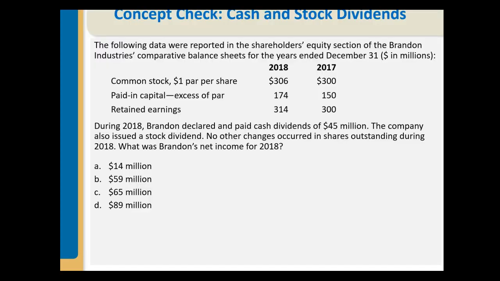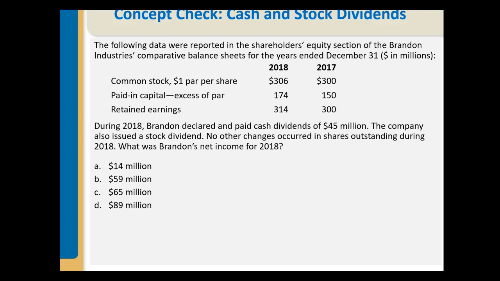So let's look at a concept question here. The following data were reported in the shareholders' equity section of the Brandon Industries comparative balance sheets for the years ended December 31st. So you see common stock, $1 par per share, paid in capital, excess of par, and retained earnings.